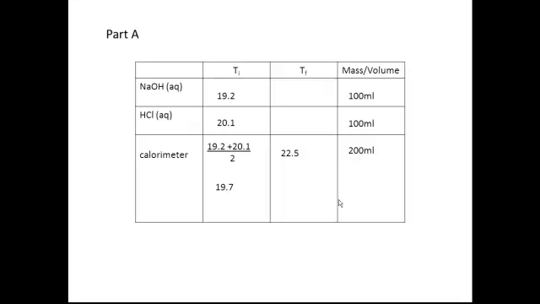Okay, now we're trying to determine the heats of reaction for sodium hydroxide, and so the equation we're going to be using will be n ΔH for sodium hydroxide, and it's going to equal the mcΔT. Now the mcΔT is for the calorimeter, the solution that's in the calorimeter.